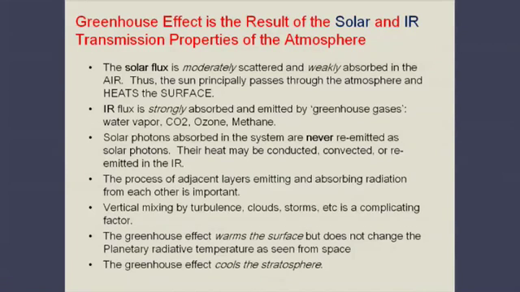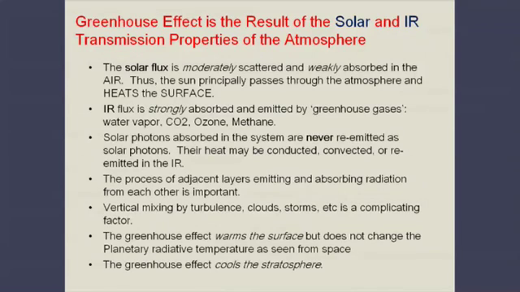Solar photons, solar light, when they're absorbed in the system, essentially never get re-emitted as solar. You don't have little suns glistening all over the planet. When they're absorbed, if they get re-emitted as radiation, they come back in the infrared at the temperature of the object.